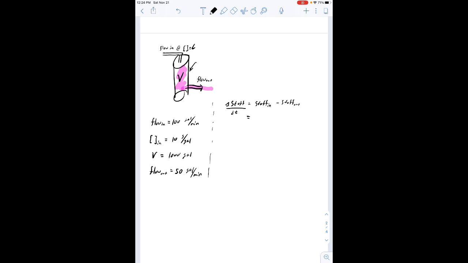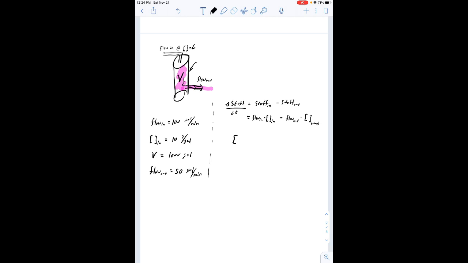So this is going to be the same as last time, where our stuff in is going to be flow in times concentration in, minus my stuff out. So that's, again, just going to be flow out times the concentration of my tank, right? Again, because it's mixing and then going out like that.